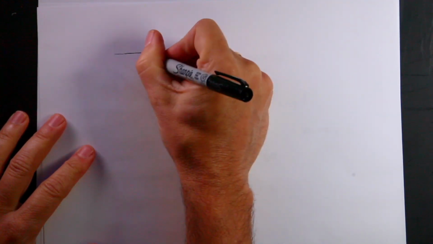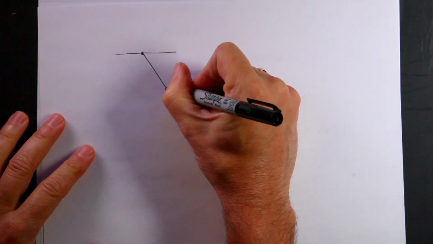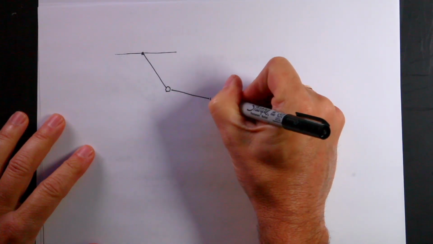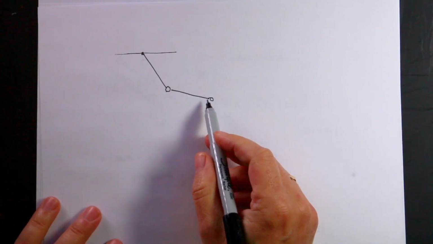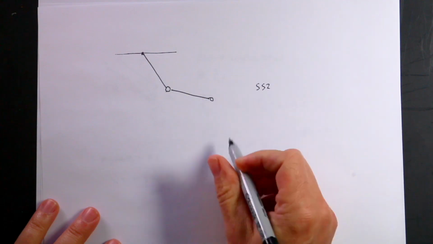Okay, so suppose it gets released from rest. There's my pivot, there's mass 1, and there's mass 2. Let's first calculate the stretch for this one, SS2.